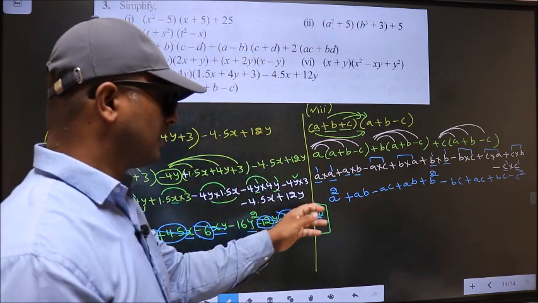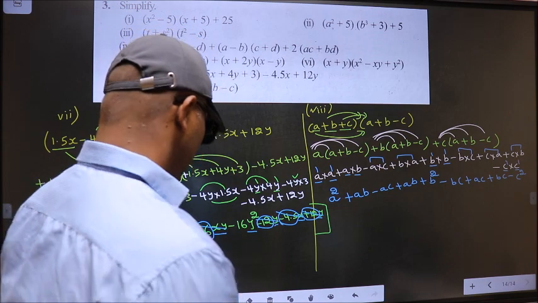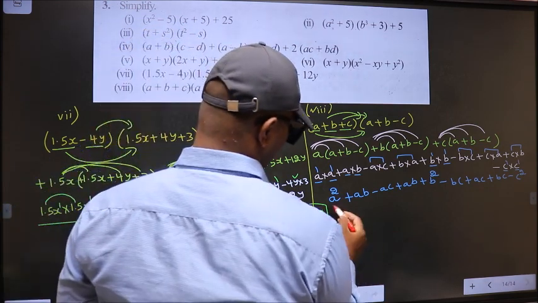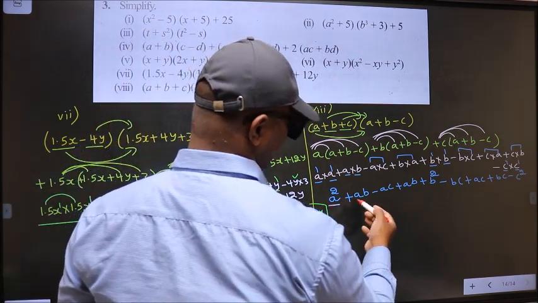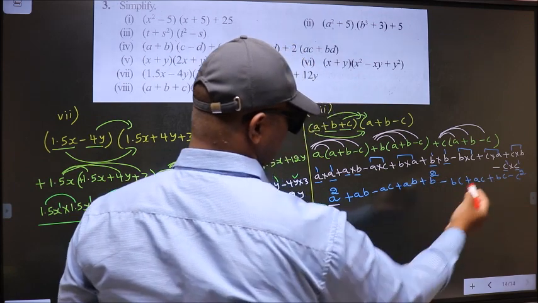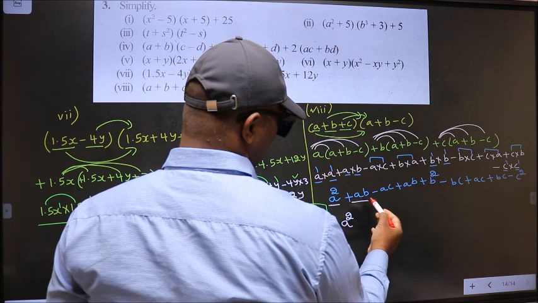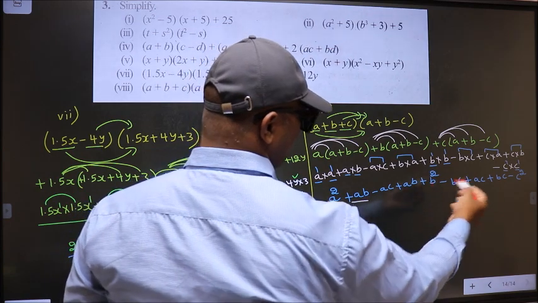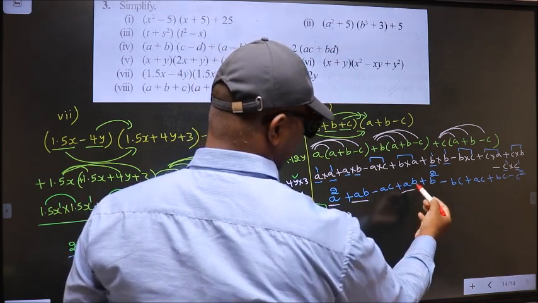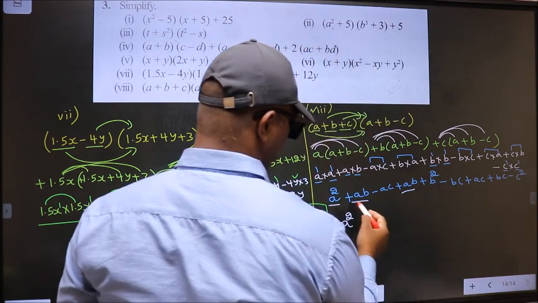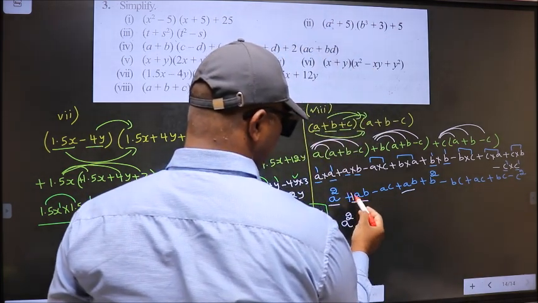Okay. Now we should simplify this. Here it is A square. Do we have A square term anywhere else? No. So you write it down as it is. Next, AB. Do we have AB term anywhere else? Yes, here. Now look at the number before them.